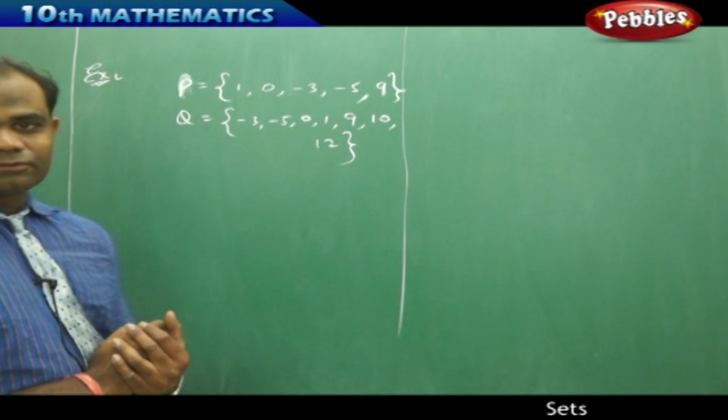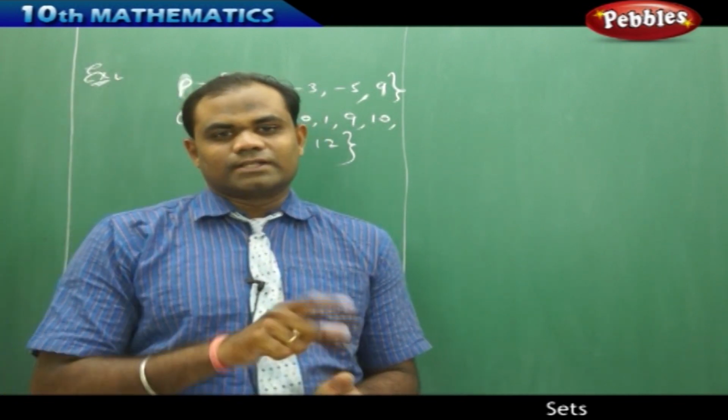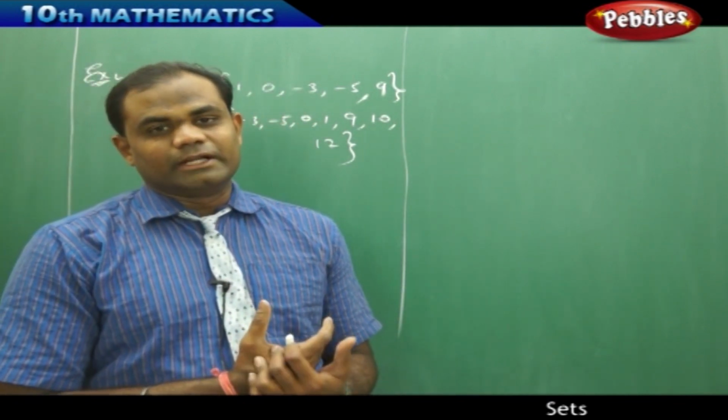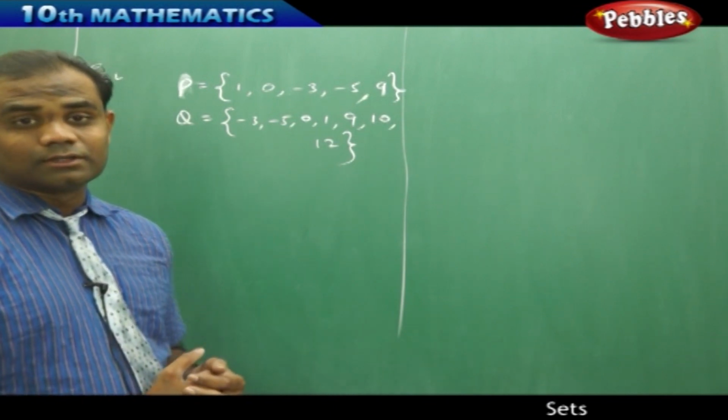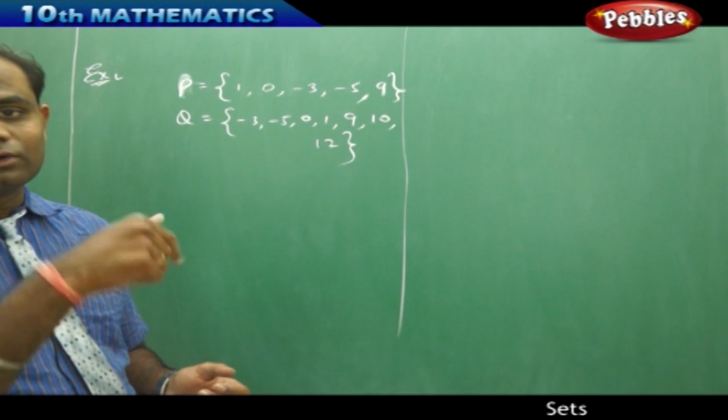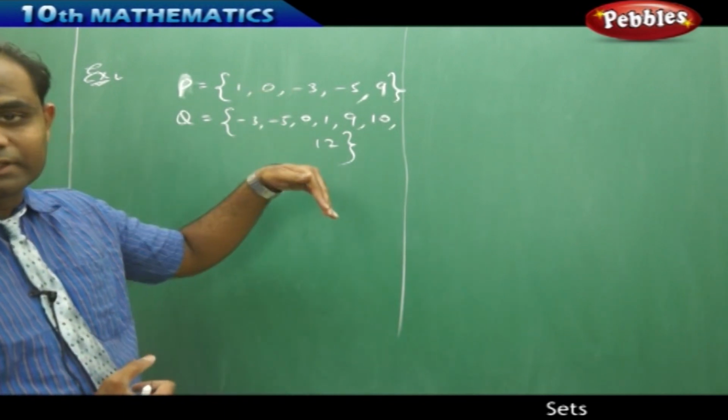Then I want to identify the subset of one set with the other set. So immediately you can either use the Venn diagram, the diagrammatic representation, or done through the cancelling of each of the elements of the two different sets.